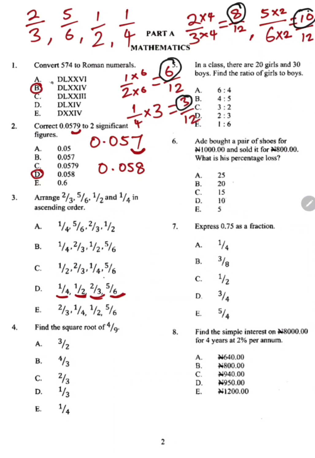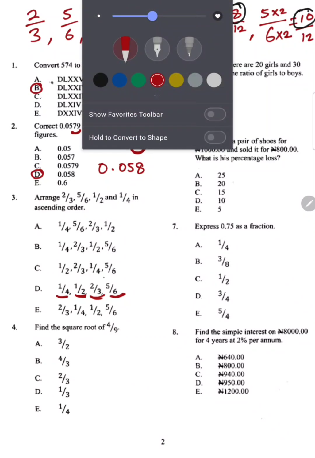So what I was saying, you can see 3 is the smallest, followed by 6, and the one that gave me 3 is 1 over 4. So that's why I have my 1 over 4 here. And the second one that gave me 6 is 1 over 2. So my answer here will be that one, D.